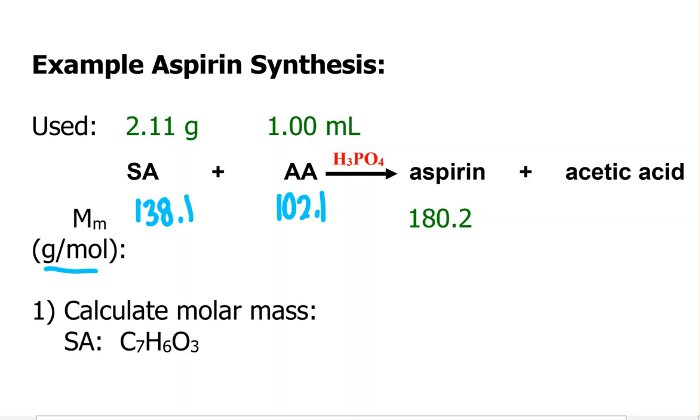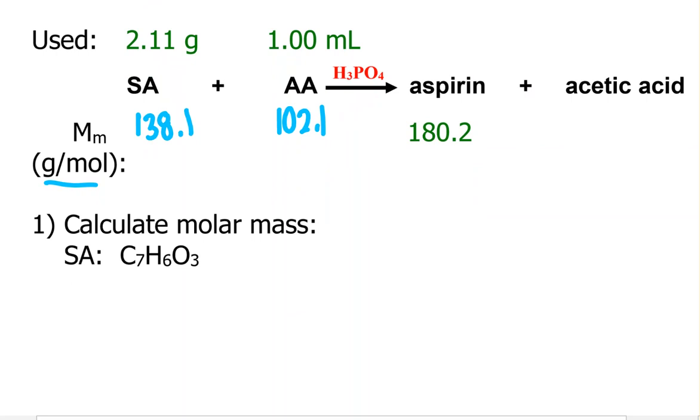Okay, so we need molar masses, and the first question is, how do you calculate a molar mass? So I'm just going to do one of them. You're probably really bored with these at this point.